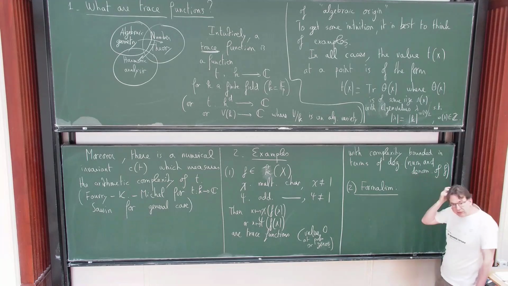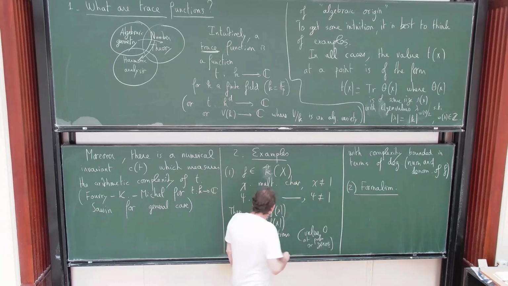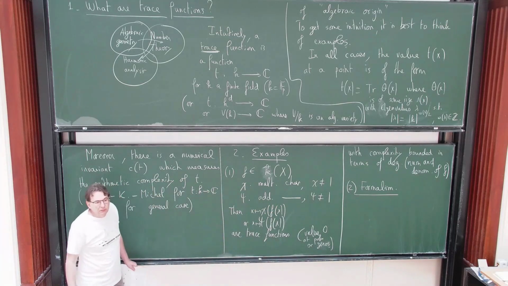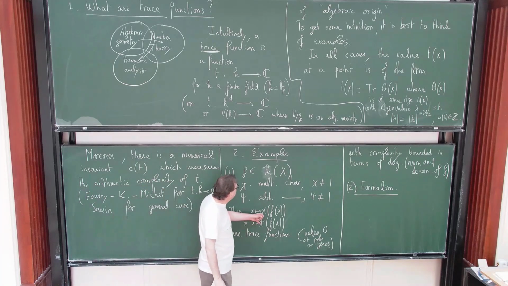So there are two parts to the formalism. There's the easy part. So the complexity does not see the conductor of chi? I mean, chi is a character mod p, so its conductor in some sense is p. But that's a good point. So if you were thinking of taking modulo p for every p a Dirichlet character, then you would say its conductor varies with p and is large because it's equal to p.